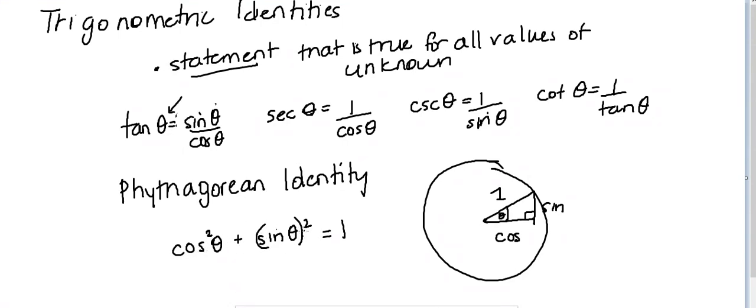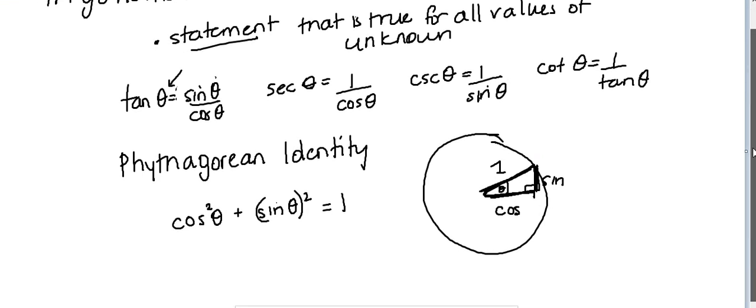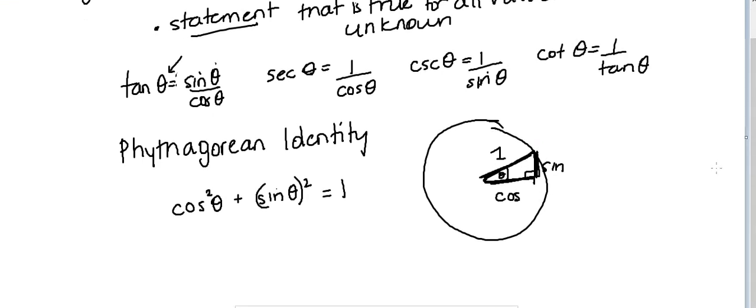So what I'm trying to show you here are two different ways of writing the same thing. If you take the cosine squared plus the sine squared, it'll always equal 1 because that's a right triangle. So let me show you one example.